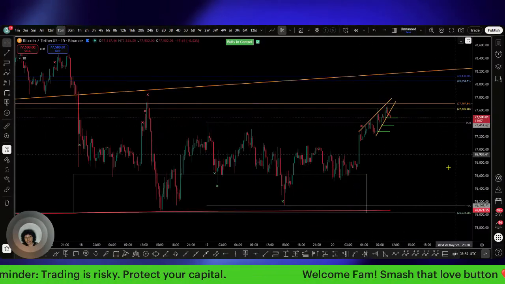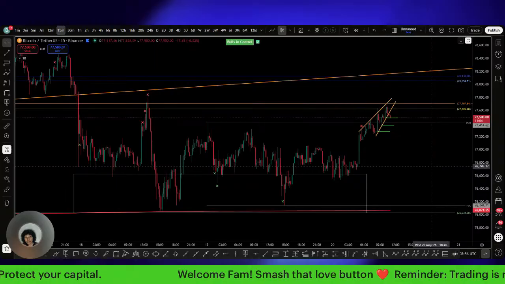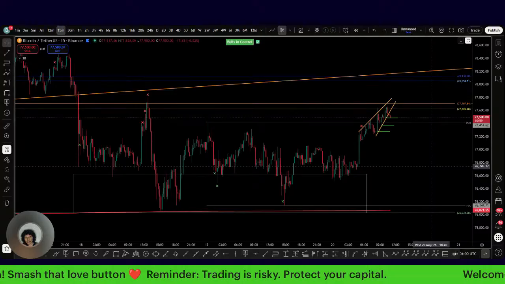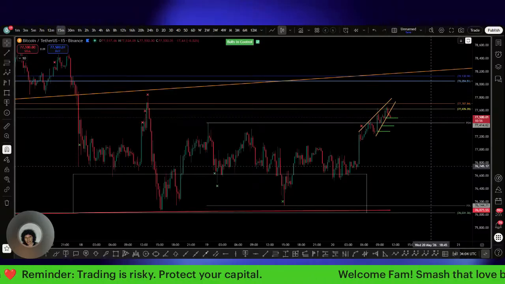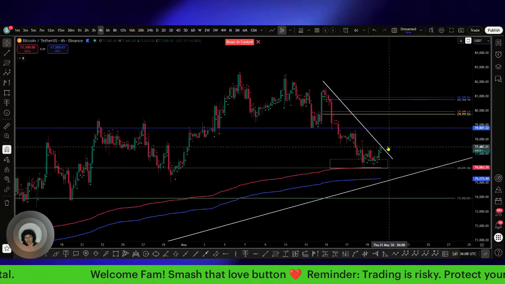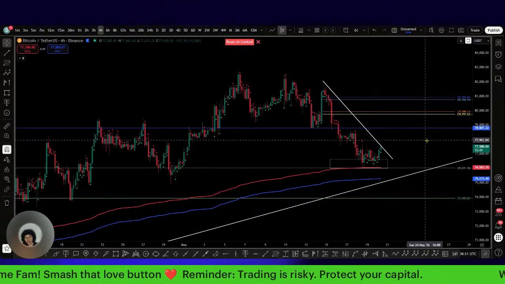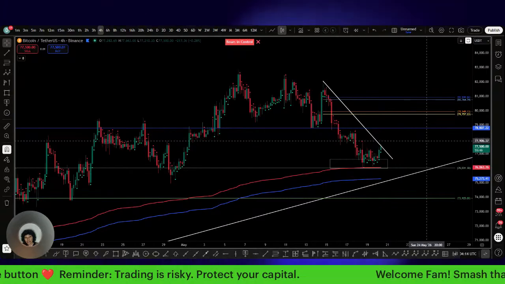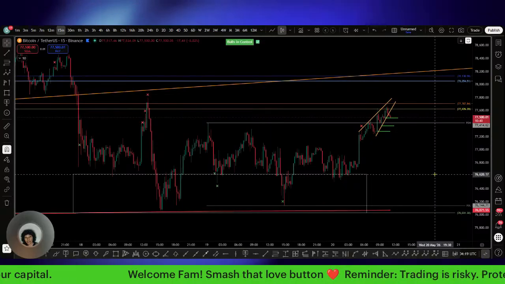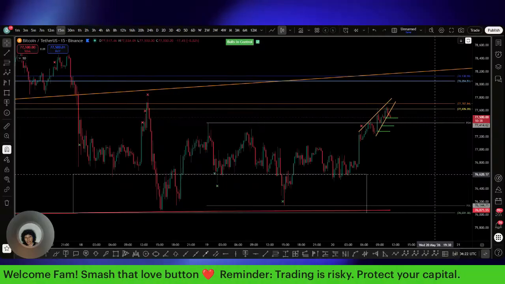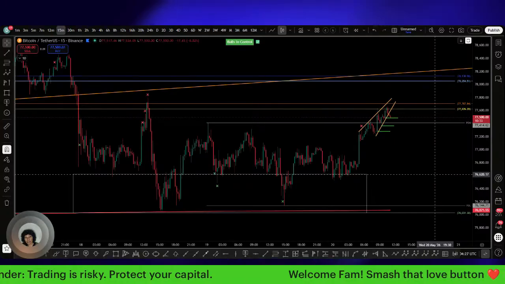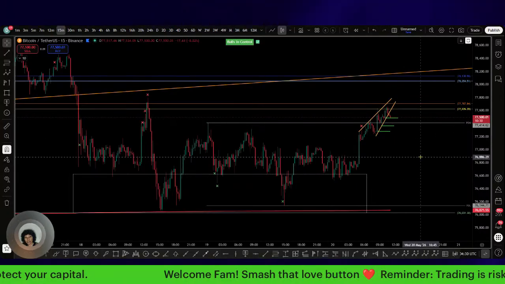Yeah, cloud cover on the 15-minute also. And let's see, we're at our trend line. I am long, so you're not going to see me bet against myself on screen.